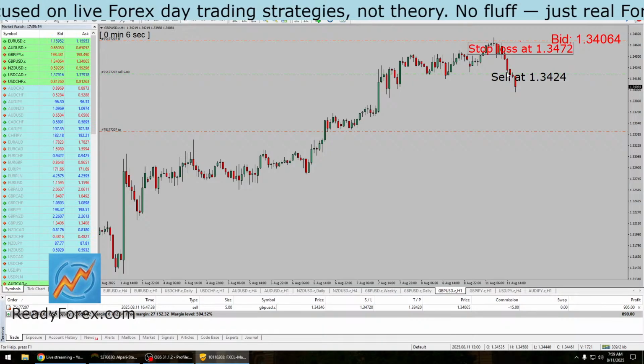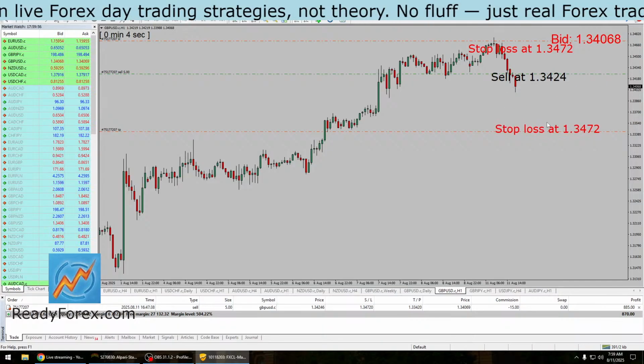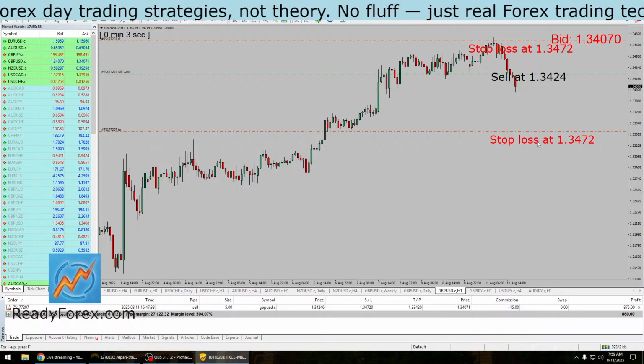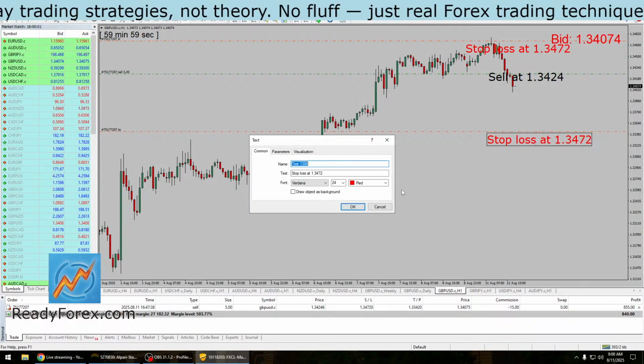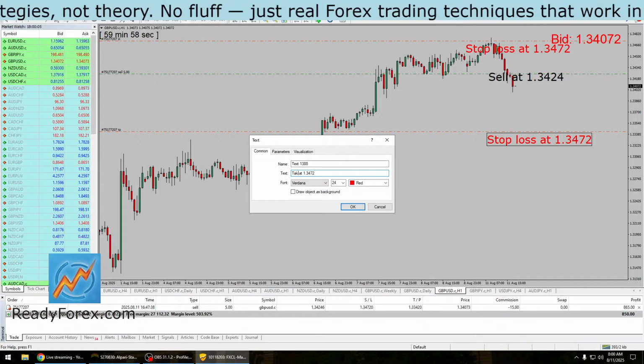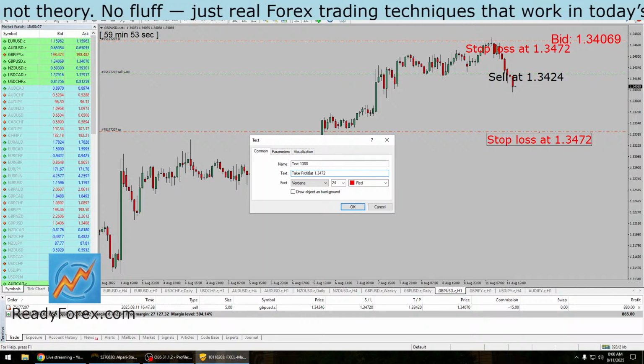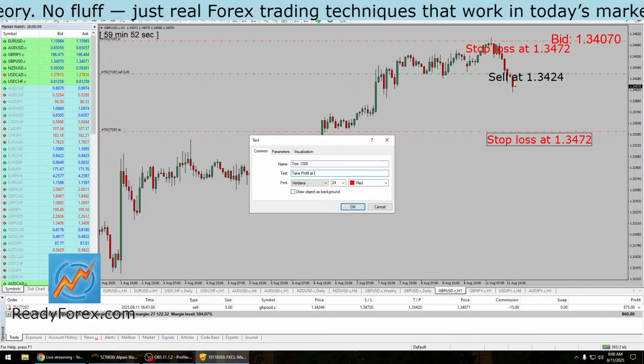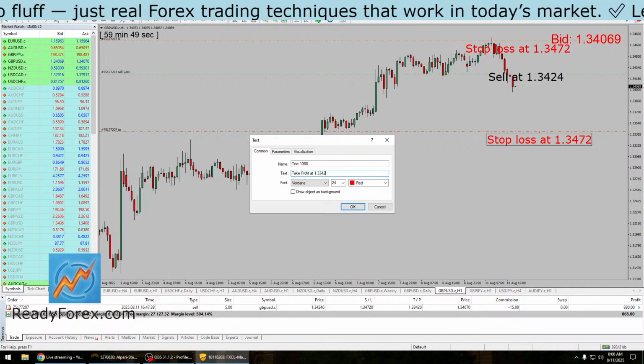Let me go to a different time frame, and down over here this is my take profit level at 1.3342.